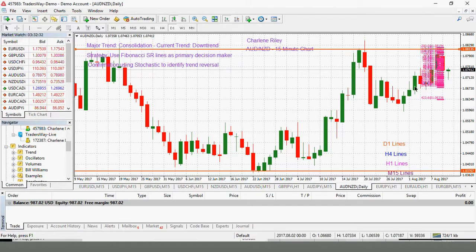Now, here's where the market has been. 1, 2, 3, 4, 5, 6, 7. Here's where the market has been in the past week.